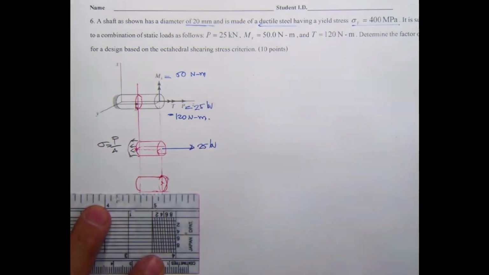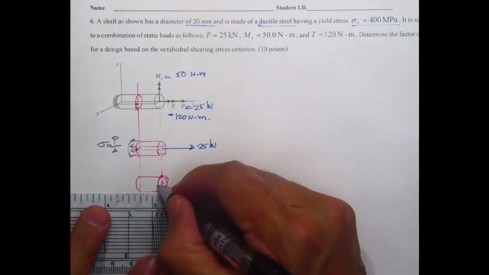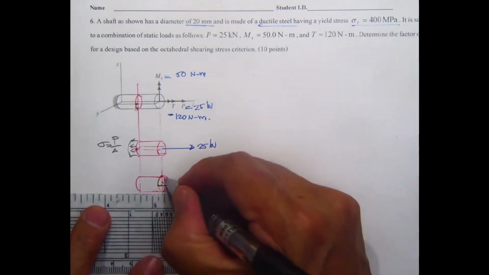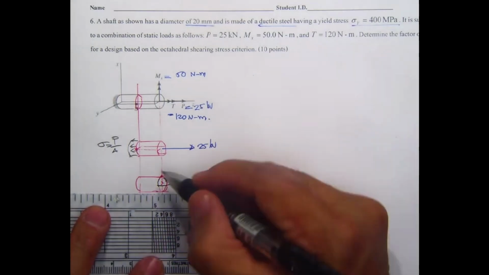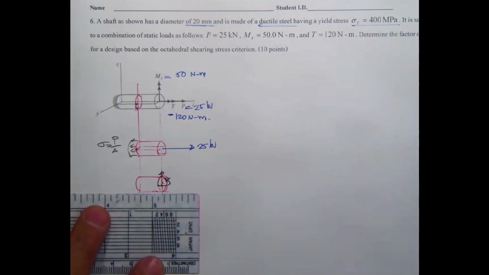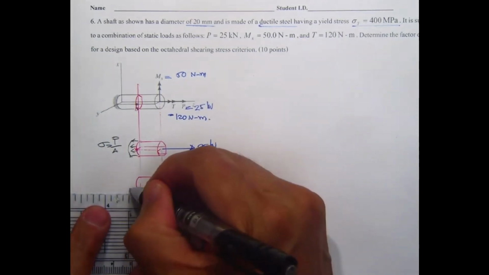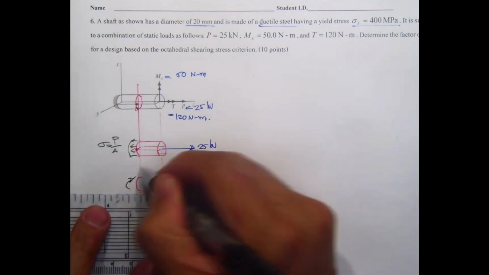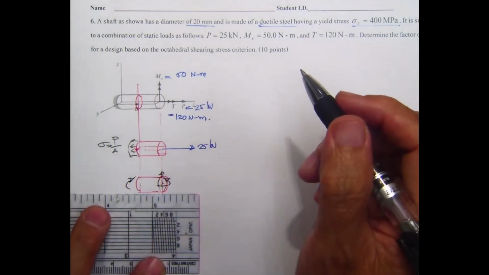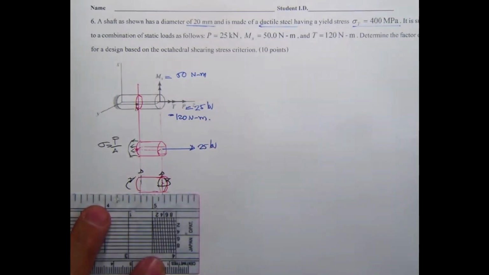Now, M sub x, if you put it over here, will rotate in this direction. It will be resisted in this direction by another moment in this direction.